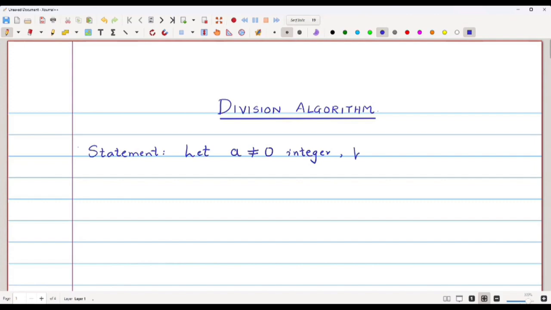So b can be 0. Then I'm going to divide b by the non-zero integer a, and when you do this division you get a quotient and a remainder.